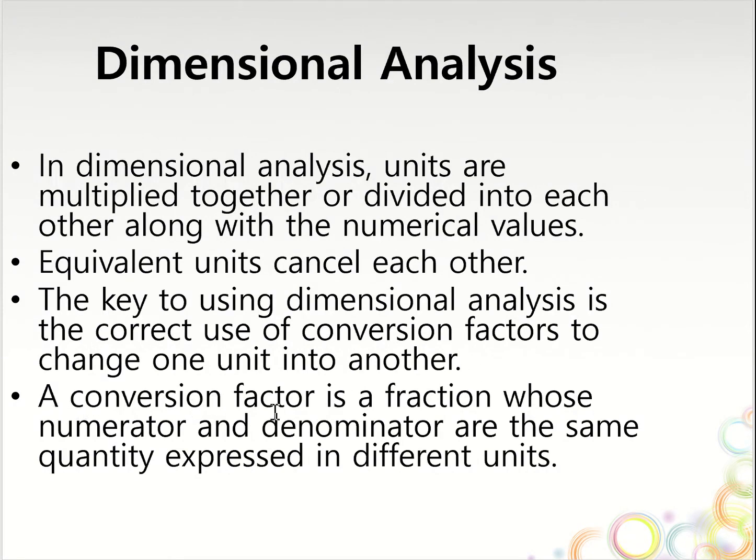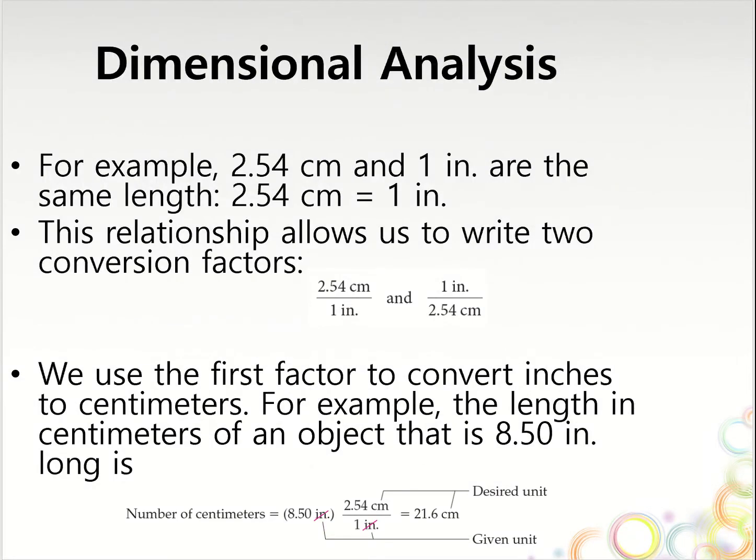A conversion factor is a fraction whose numerator and denominator are the same quantity expressed in different units. Let me repeat that. A conversion factor is a fraction whose numerator and denominator are the same quantity expressed in different units.